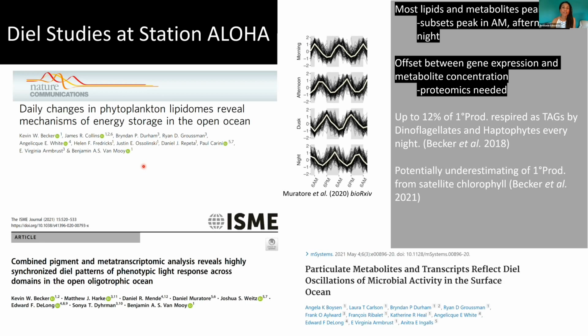This paper by Kevin Becker in 2021 looked at pigment turnover, and they found a drawdown in photosynthetic pigments over the day, but not a decrease in primary productivity. So there's some implications for how we extract primary productivity out of satellite data. And this was largely a photoadaptation response of the community.